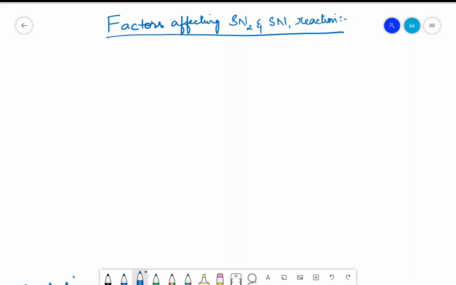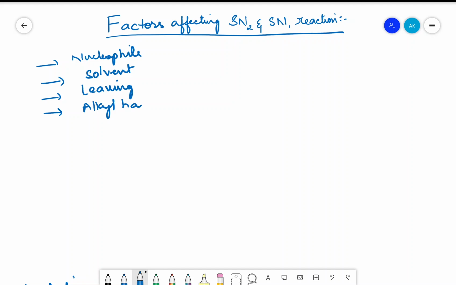The first thing we are going to talk about is the introduction for this particular topic: the nature of the nucleophile, that is whether the nucleophile is strong or weak, the type of solvent we are going to use, how the leaving group should be, and what should be the nature of your alkyl halide. These are the basic things which you are going to focus on.